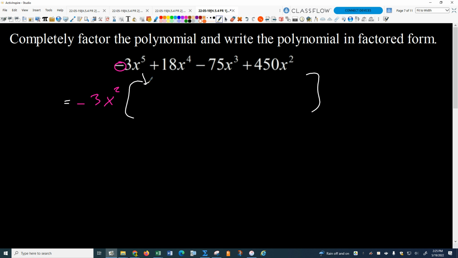So what do I get from my first term then? Good. X cubed, right? Next one. Make sure you get the signs right. Be careful about the signs. Minus 6x squared. Good.